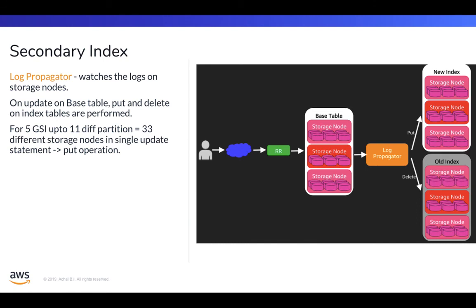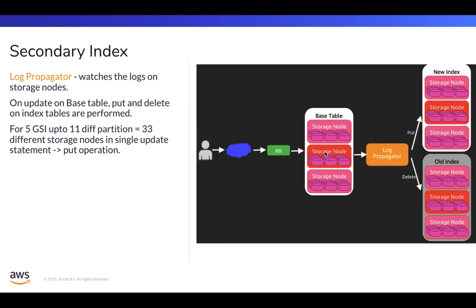So let's quickly understand how secondary indexes are created and how they are structured inside DynamoDB. We have something called a log propagator within DynamoDB, which keeps listening for any update within the base table. The base table has the primary and secondary nodes, one leader node and two secondary nodes.